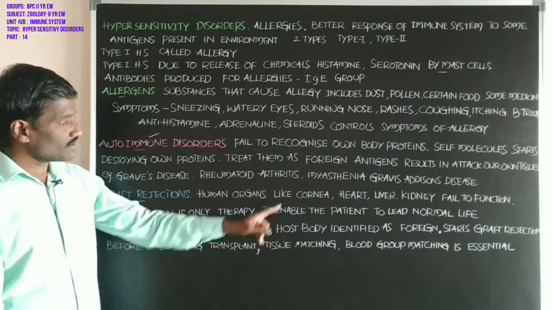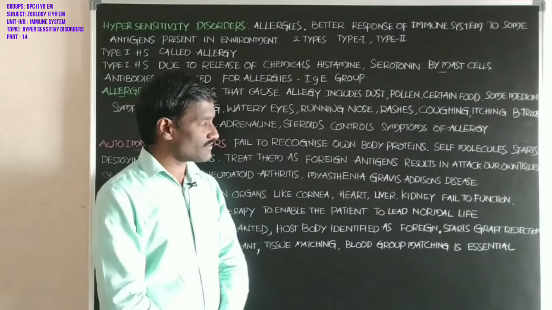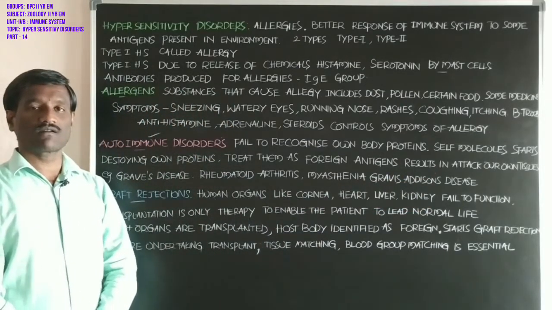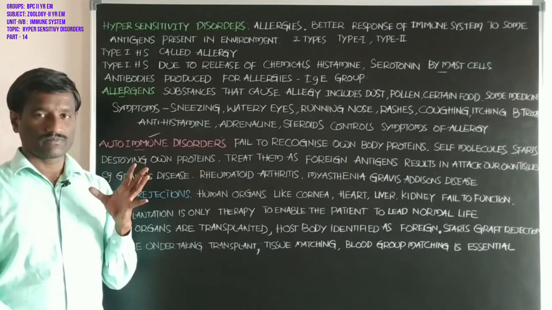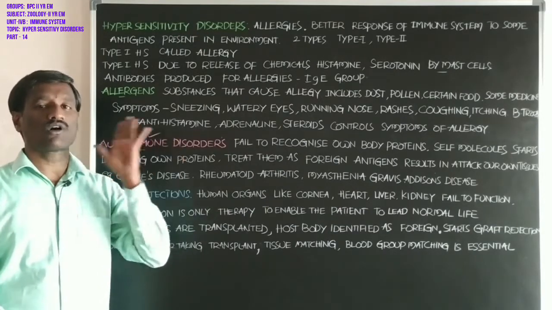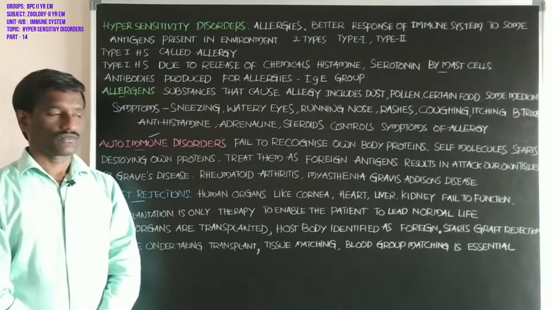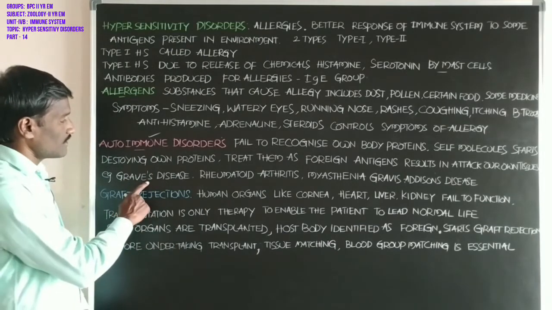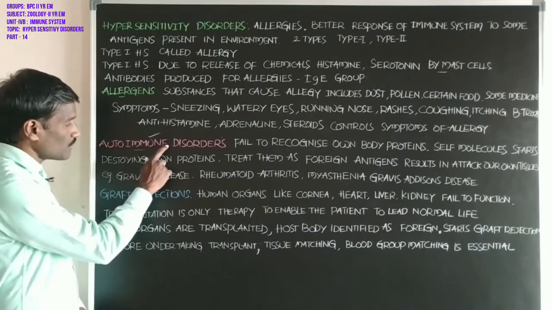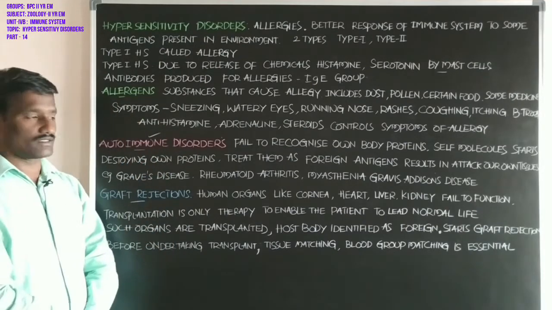This is myasthenia gravis. And Addison's disease is caused by hyposecretion of glucocorticoids. Students, these are examples of autoimmune disorders.